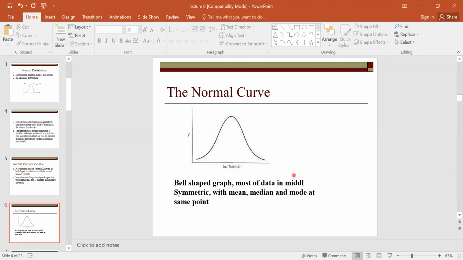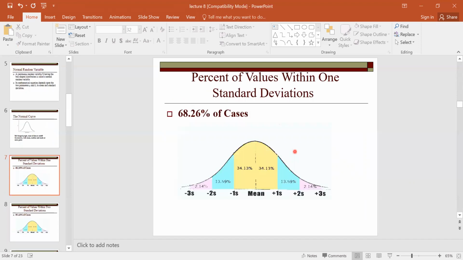These two parameters tell us about the spread and variation in the curve. If our curve of the data falls like this, we can say this is a bell-shaped symmetrical curve, and most of the data is in the middle, with mean, median, and mode at the same point. They are identical, so this curve is the best fit of the normal curve.